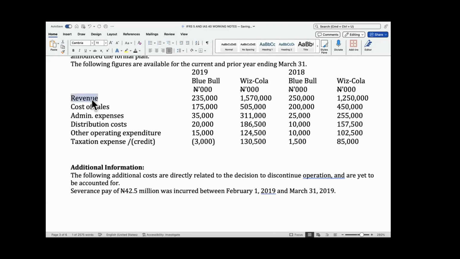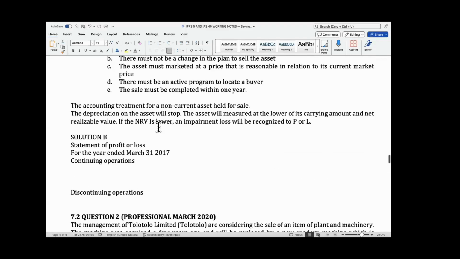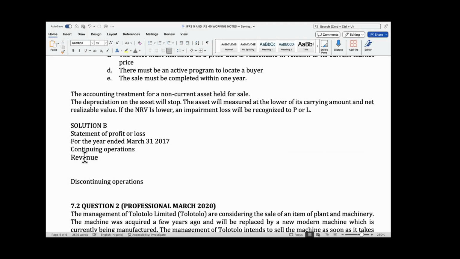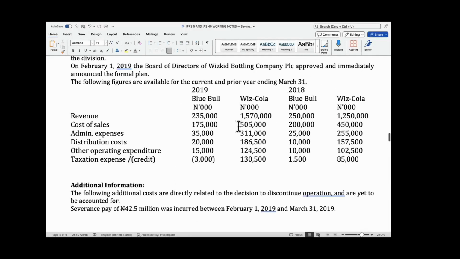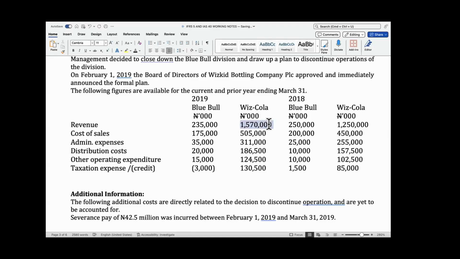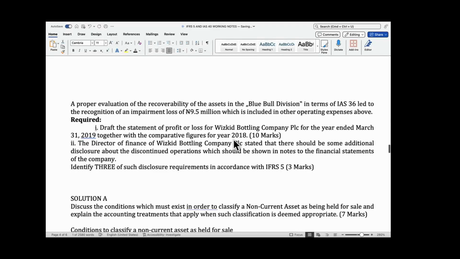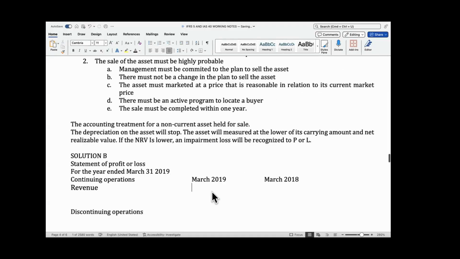For our continuing operations, which is Whiskola, we'll pick the revenue for Whiskola. The revenue for March 2019 is 1570, and for March 2018 is 1250. Don't forget the Naira amount.